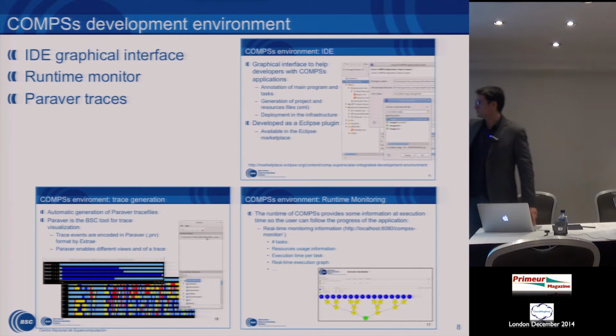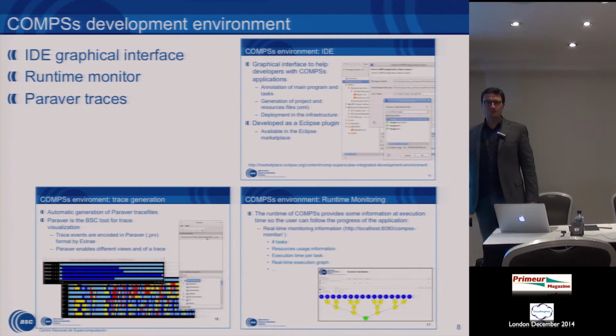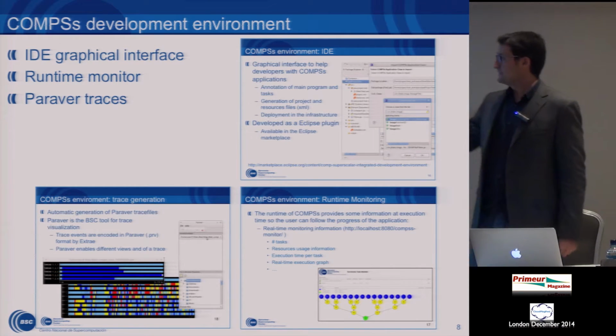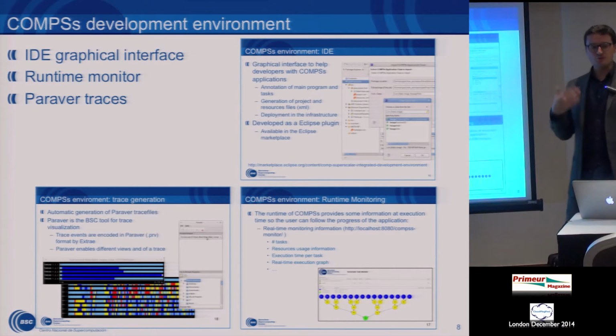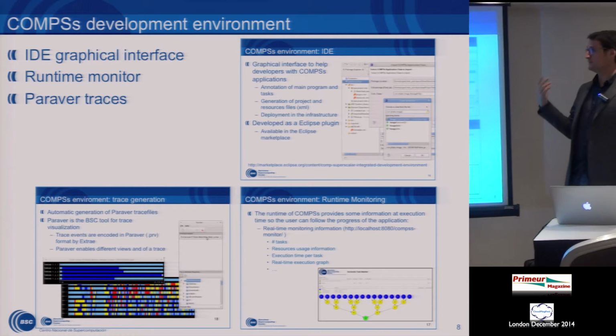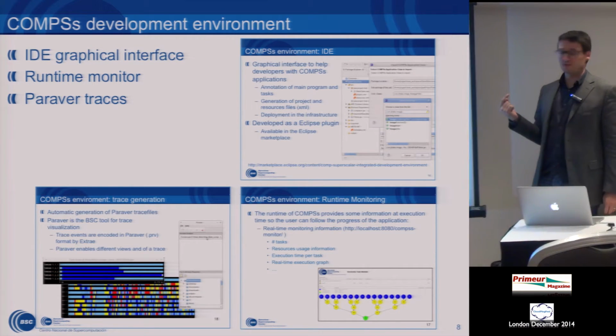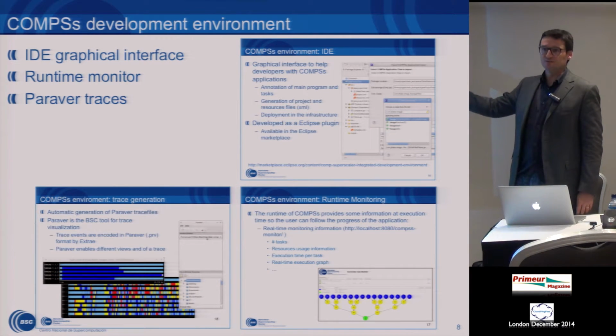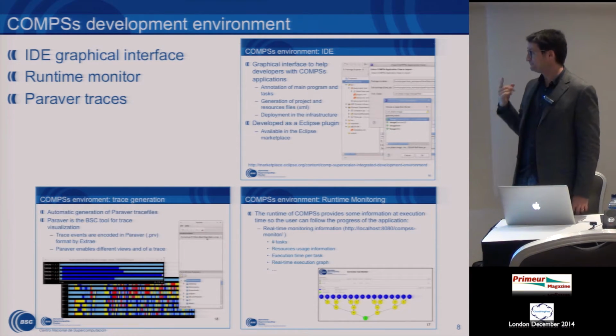So there is a way to annotate the main program, to annotate the interface, and the generation of the configuration of the testbed where the application will be executed can also be described easily through the graphical interface.